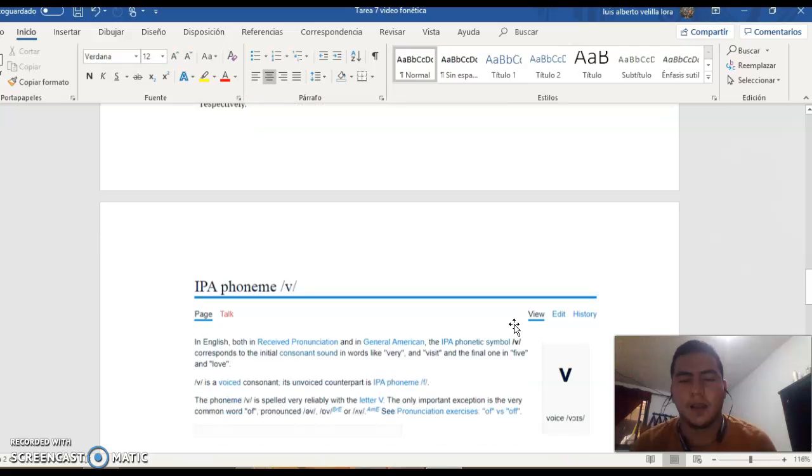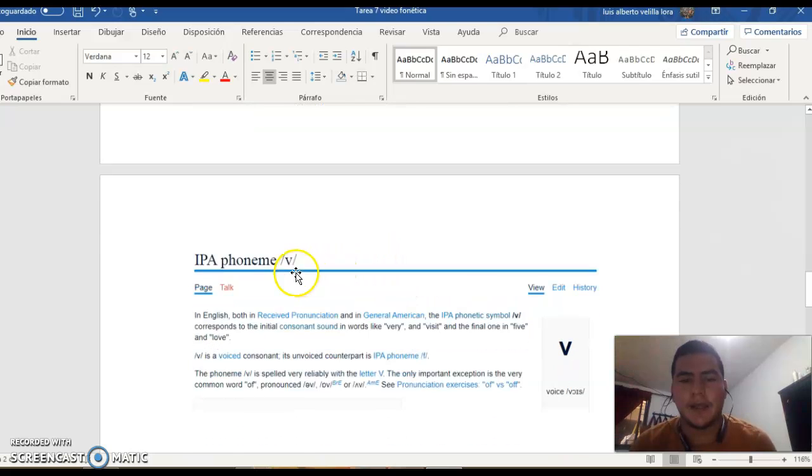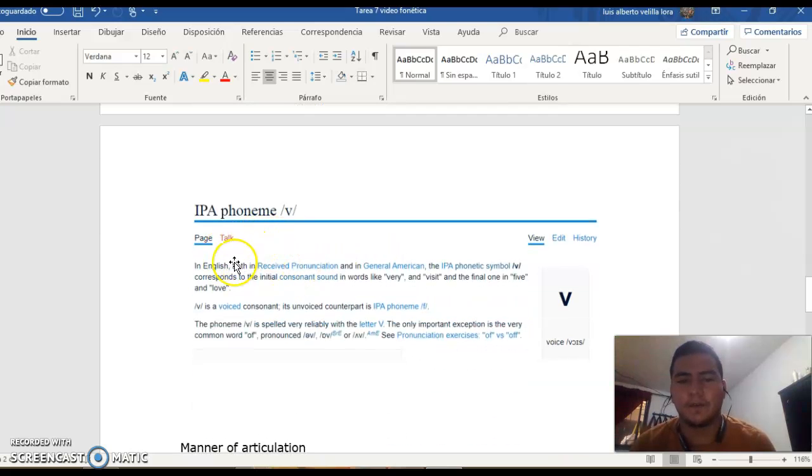The next sound is V. In English, both in Received Pronunciation and in General American, the IPA phonetic symbol V corresponds to the initial consonant in words like very and visit, and the final one in five and love.